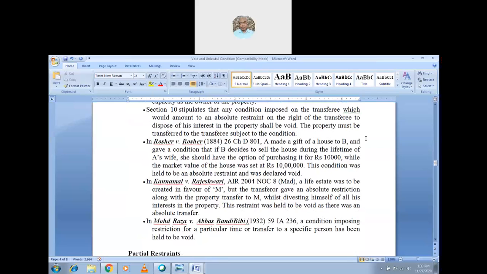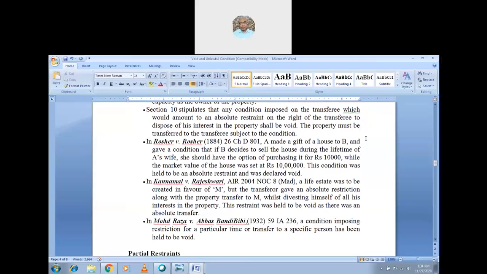A made a gift of a house to B and gave a condition that if B decides to sell the house during the lifetime of A's wife, she should have the option of purchasing it for rupees 10,000 only, while the market value of the house was roughly 10 lakhs. So the house is worth 10 lakhs and she would be getting it at a much cheaper rate.